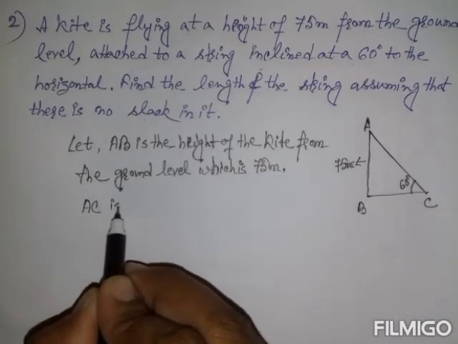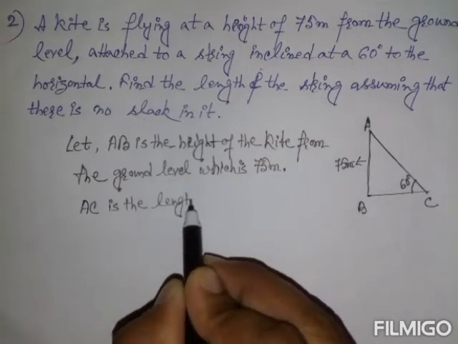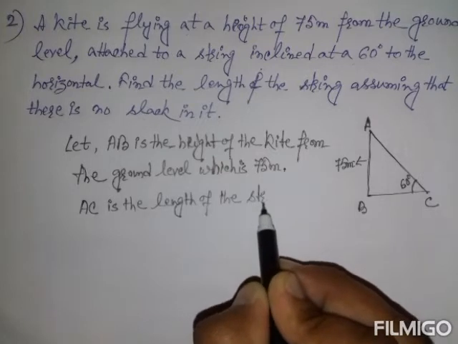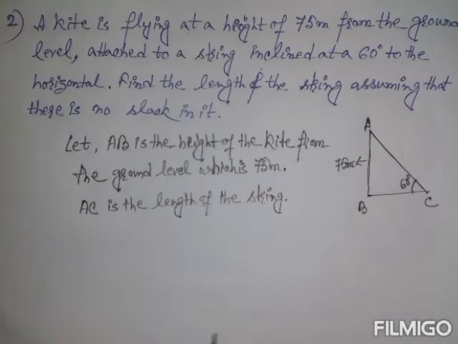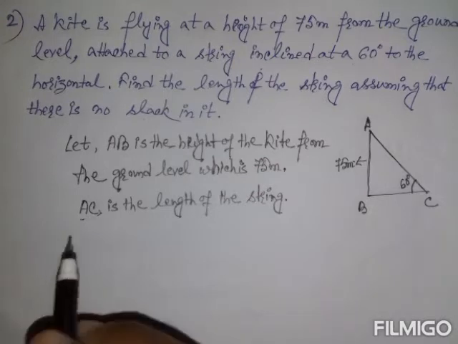Okay. Now AC is the length of the string. We have to find the value of AC. Okay.